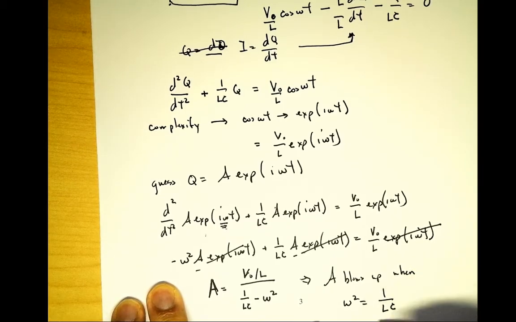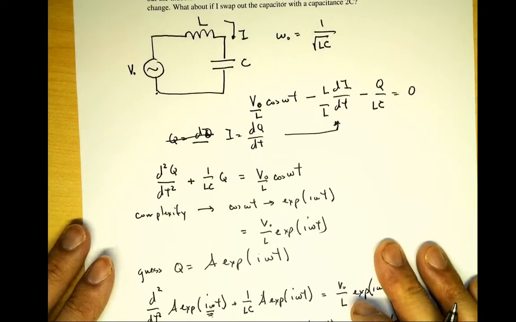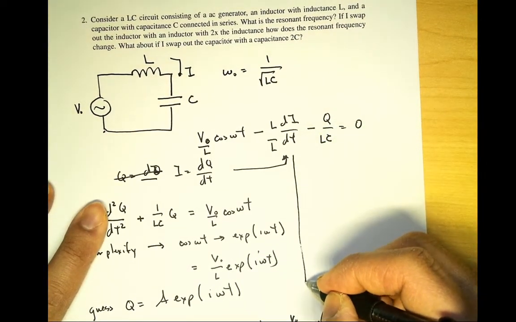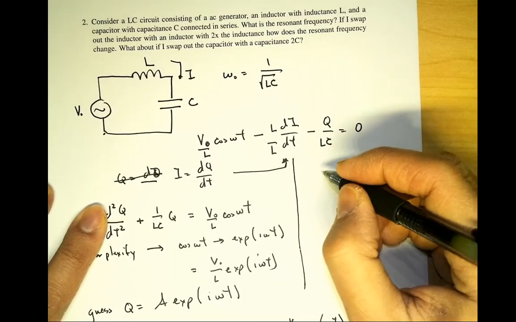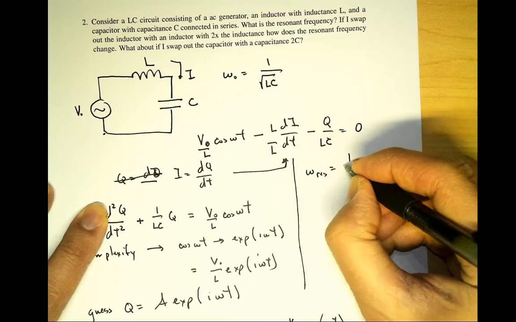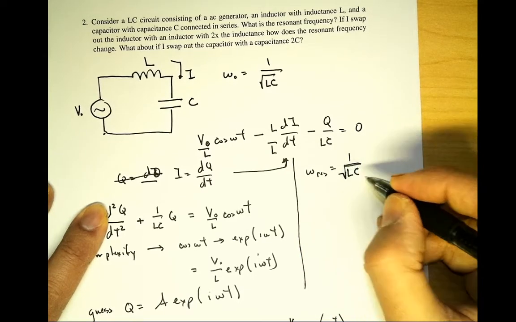This is the resonant frequency, which implies omega equals omega 0 is equal to the square root of 1 over LC. So that's the resonant frequency. For our resonant frequency, I'm going to draw a line right here so I can plug this in. Omega resonant is equal to the square root of 1 over LC. Okay, that's the first thing.